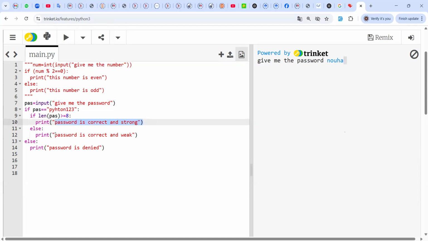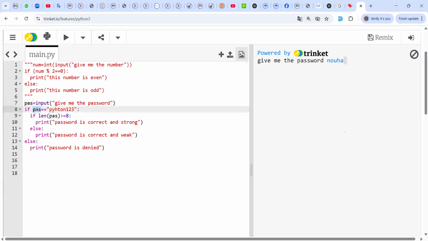The first one, the second one or the third one? The third one. Yes, the third one, because this variable pass is going to take Nouha as a value, okay?